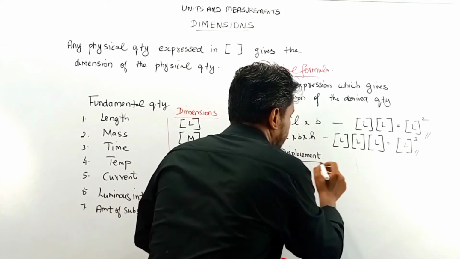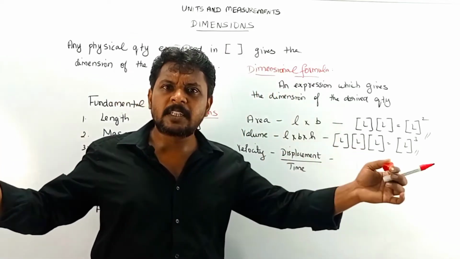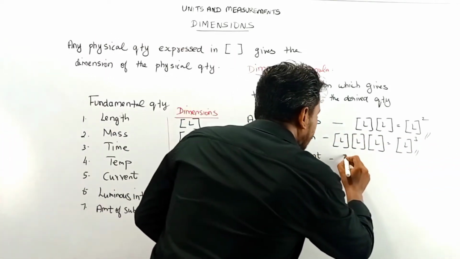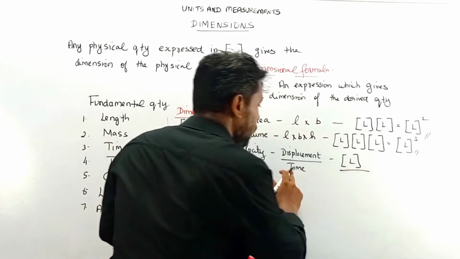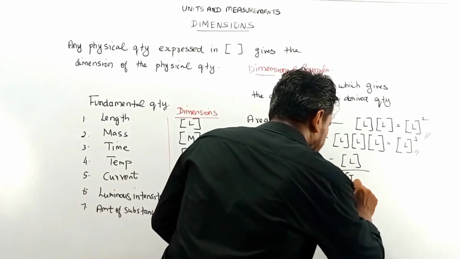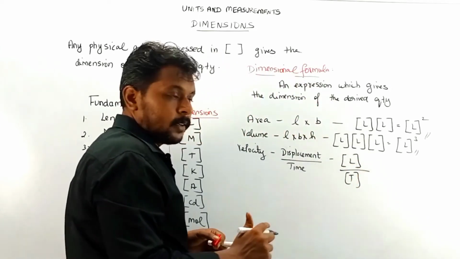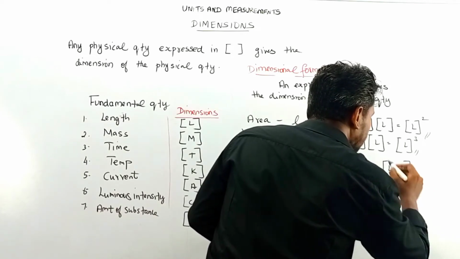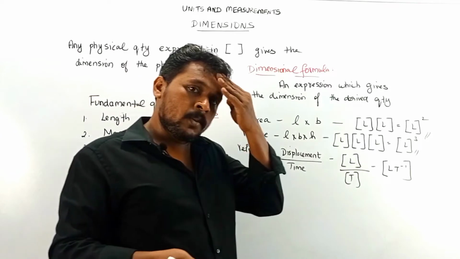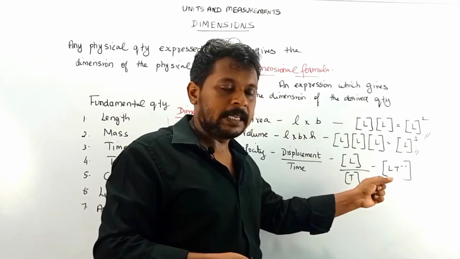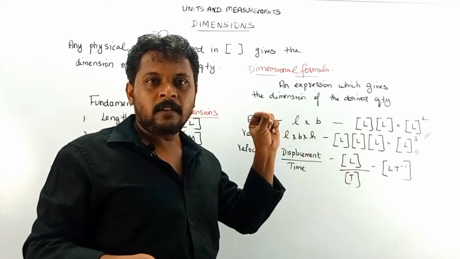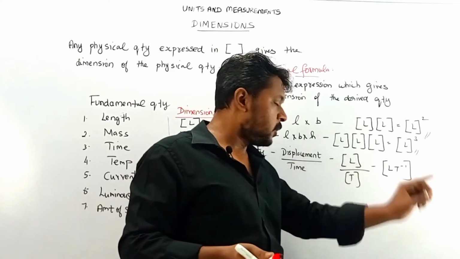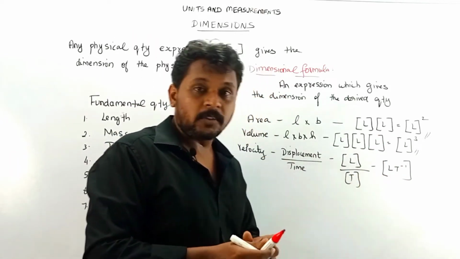Displacement is nothing but distance, and distance is nothing but a length, so the dimension of displacement is also capital L. Divided by time, which is capital T. Now take this T to the numerator, so we can write it as L T power minus 1. For L the power is 1, for T the power is minus 1. This is the dimension of velocity.